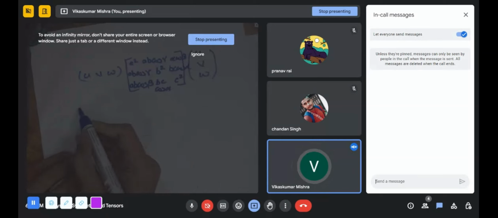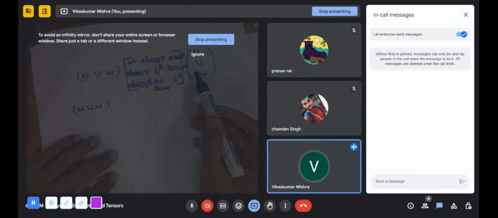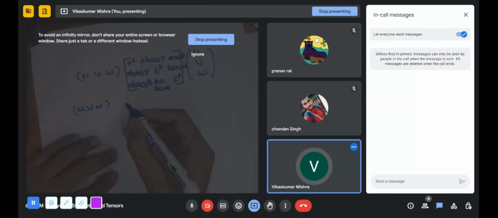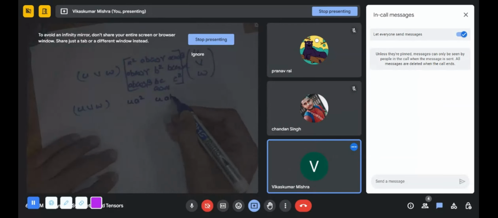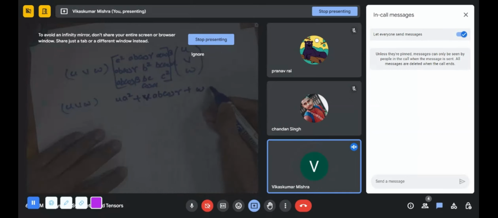Then U, V, W. All we need to do is simple matrix multiplication. Multiply the first row with this particular column. What will we get? We will get U times A square, plus V times AB cos of gamma, plus W times AC cos of beta.